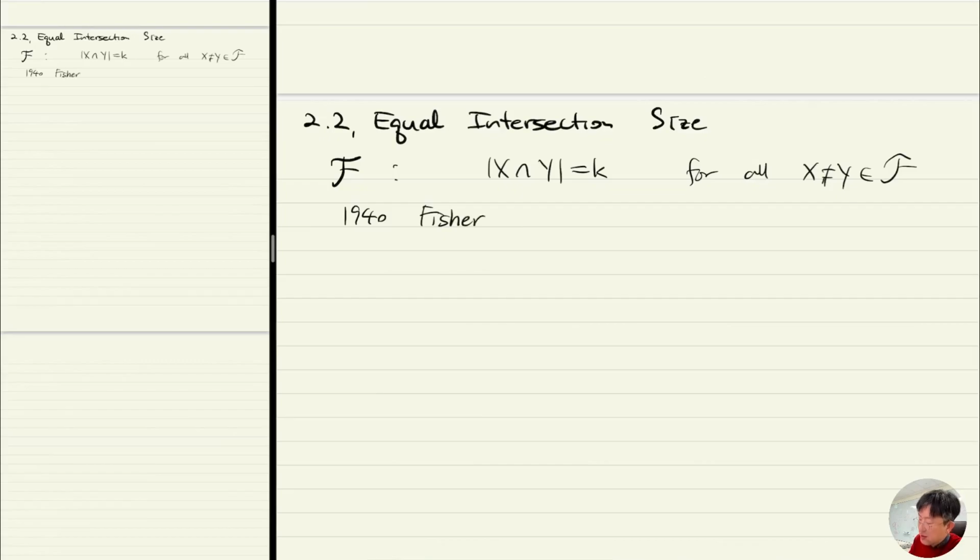and Fisher proved that such a set family cannot be too large. And in his case, he worked on the uniform set family, so uniform set system. For him, there was an application to statistics.